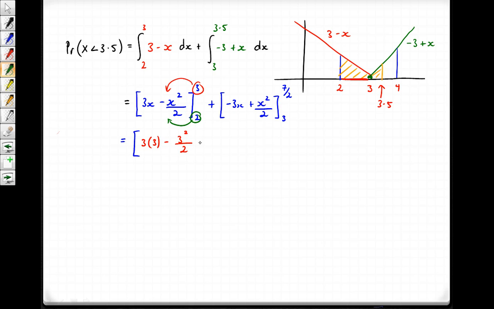Then we're going to subtract away from that the green, which is going to be 3 by 2, minus 2 squared on 2. And then we're going to add on to that, and again, we'll do this bit in the red. So that's subbed into there. Subtract away from that subbed into there.